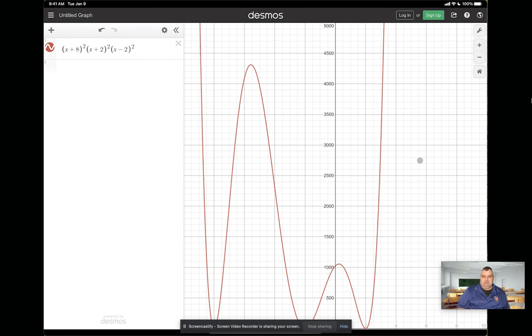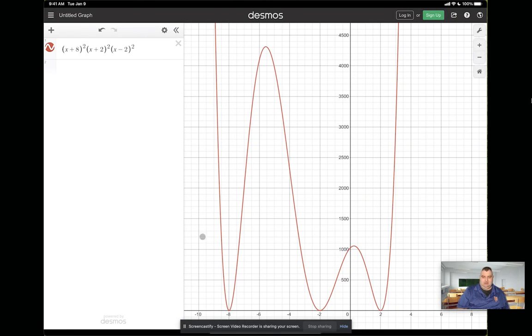And you can see it comes down, intersects at -8, stays above, comes up and comes down, intersects at -2, but stays above the x-axis, comes up, comes down, intersects at 2, stays above the x-axis.